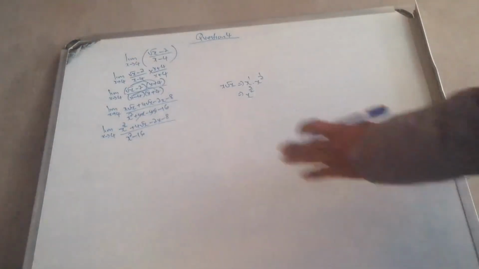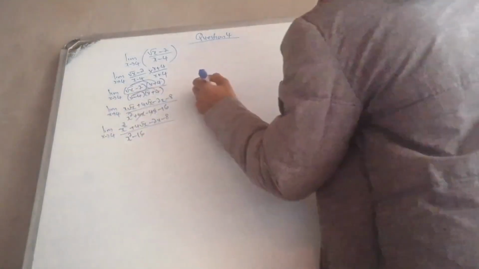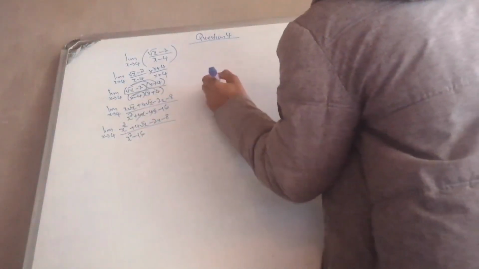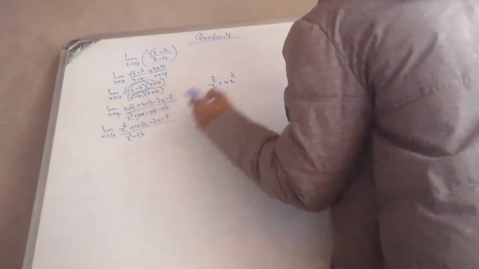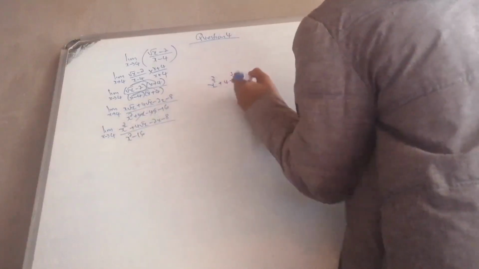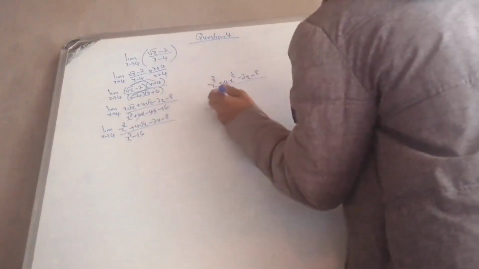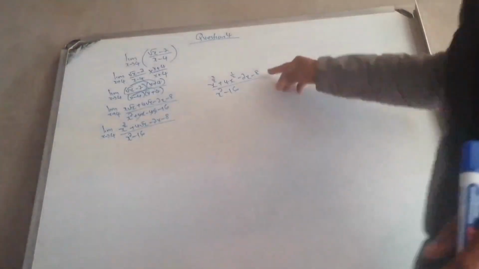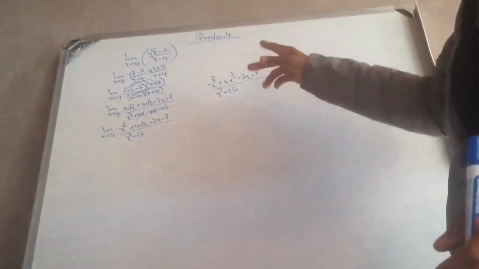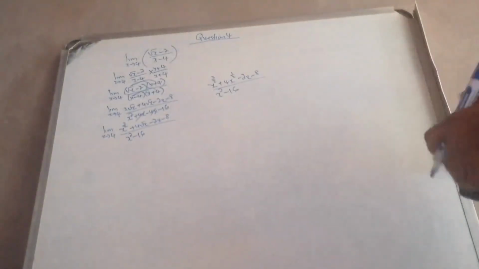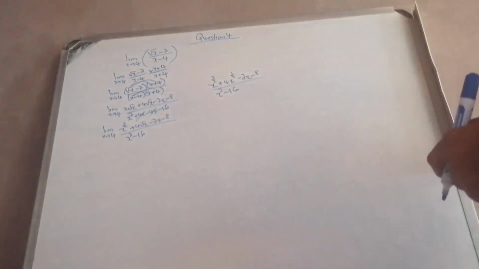Even if you try to rewrite this as x to the 3/2 plus 4x to the 1/2 minus 2x minus 8 all over x squared minus 16, I don't think you can factorize this in such a way that some of the terms might cancel one another. I don't think that could be a possibility.